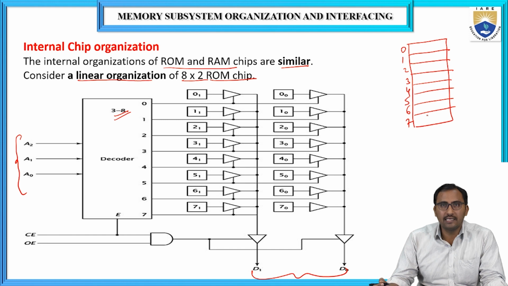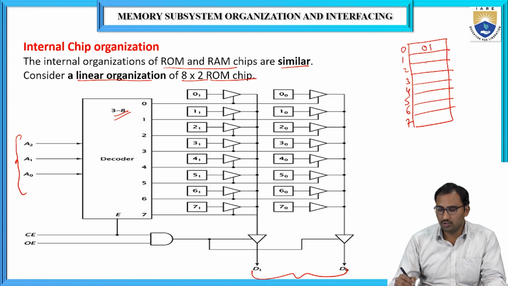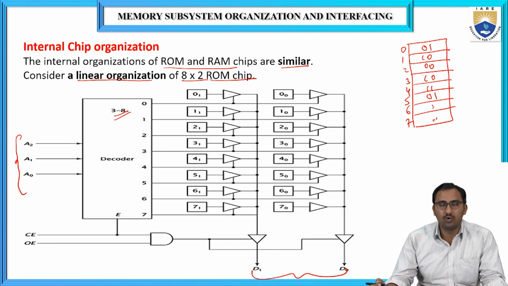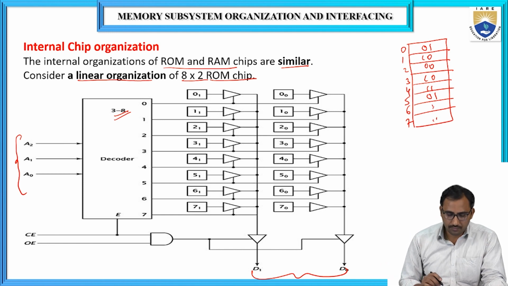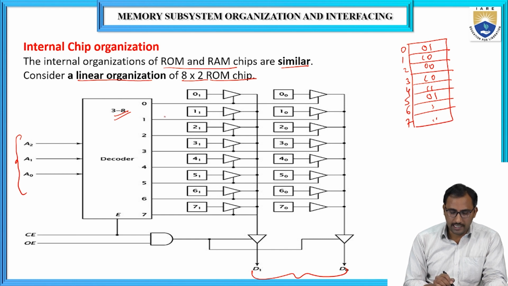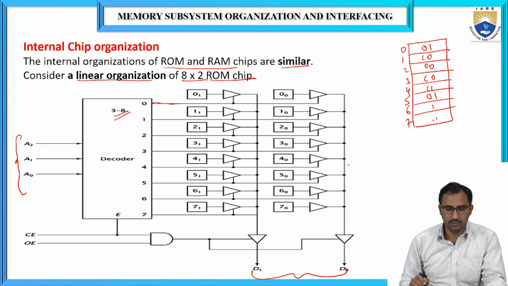In every memory location we can store 2 bits of data, for example 0 1, 1 0, 0 0, 1 0, 1 1. Like that, in every memory location we can store 2-bit information. So it contains a total of 8 rows and 2 columns.